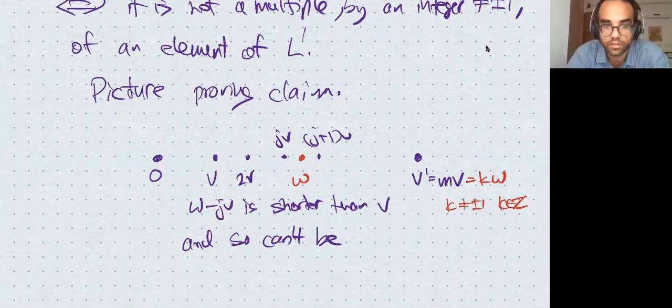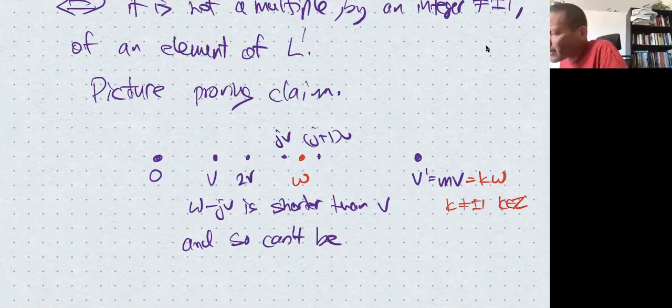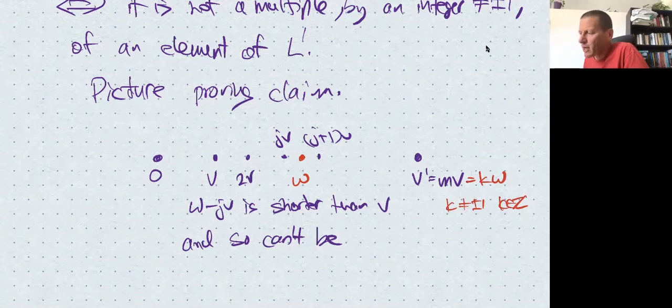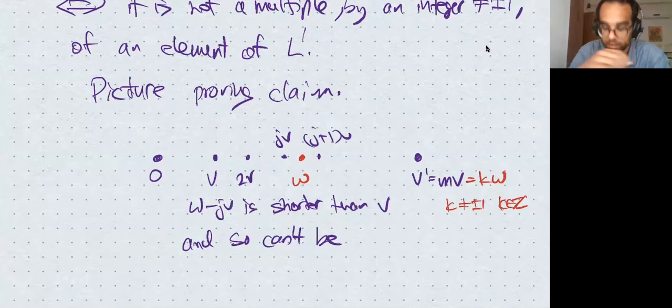Isn't it just that W is shorter than MV, than V prime, and an element of L prime, and thus M would not have been chosen minimum? So V was chosen shortest possible among the coset representatives. I think that's what I'm trying to say. I don't think that's your argument.